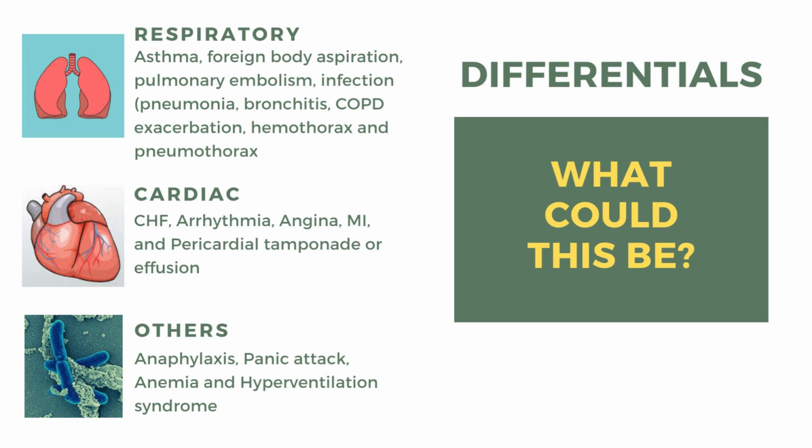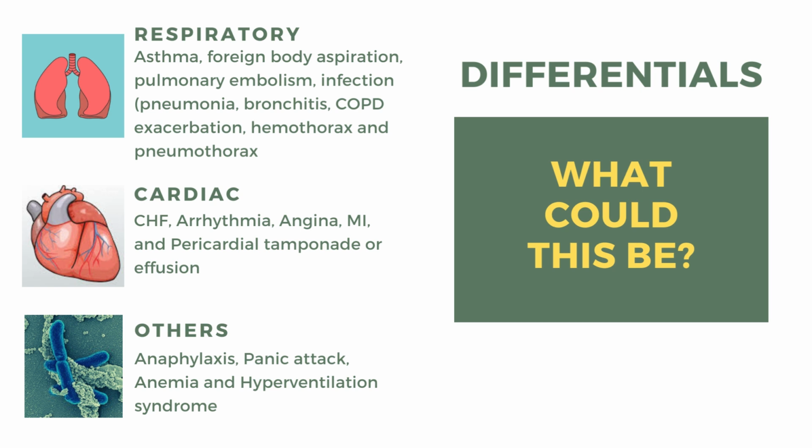What could this be? That question would help you arrive at your differentials. For this kind of case, it could be a problem having to do with the respiratory system, the cardiovascular system, and then other systemic causes as well. It could be asthma, foreign body aspiration, pulmonary embolism, infections such as pneumonia, bronchitis, and COPD exacerbation, as well as hemothorax and pneumothorax.